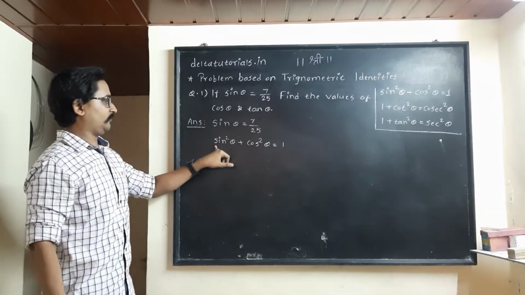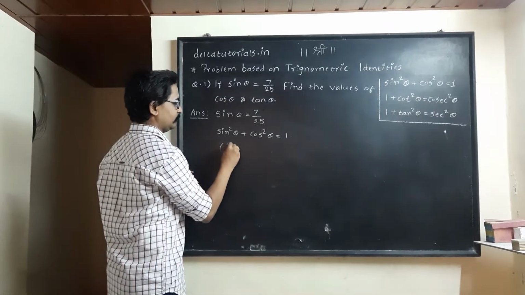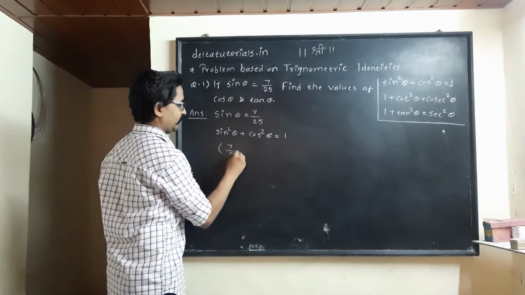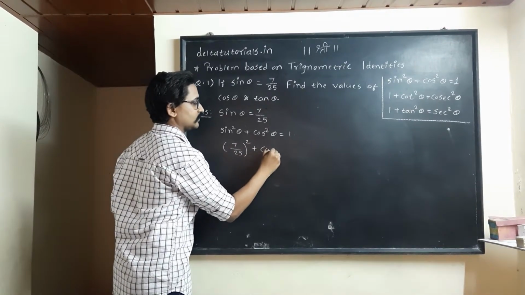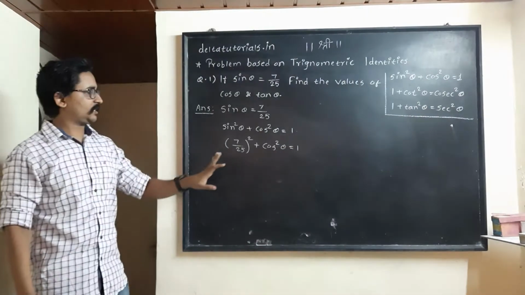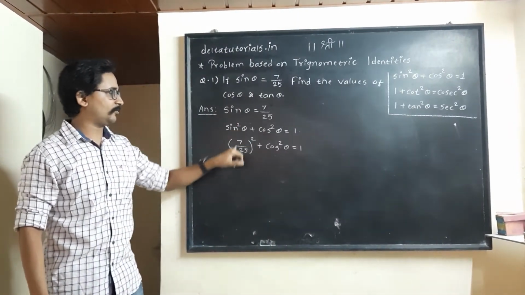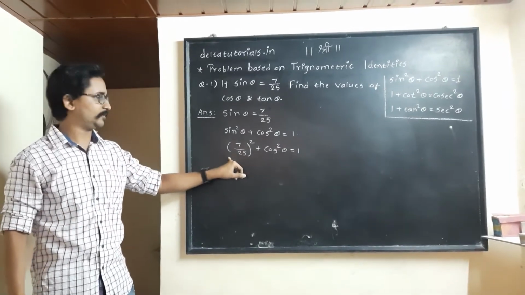Now we have the value of sin theta, so simply we will substitute that value: (7 upon 25) square plus cos square theta equal to 1. We have just substituted the value of sin theta in this identity. Nothing has been done apart from this.